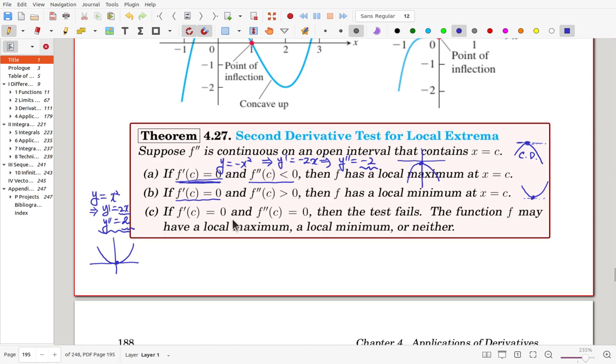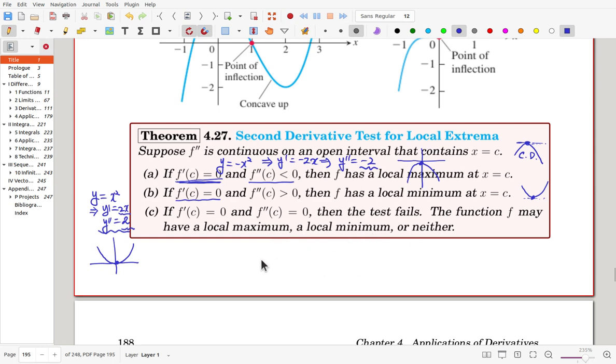Once it is a critical point and f double prime is 0, then the test for local extrema fails. So the function may have a local maximum, a local minimum, or neither.